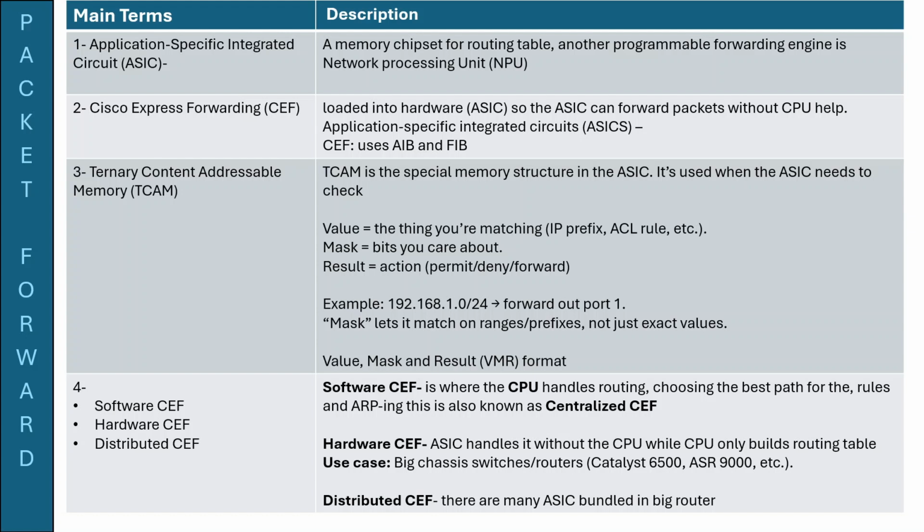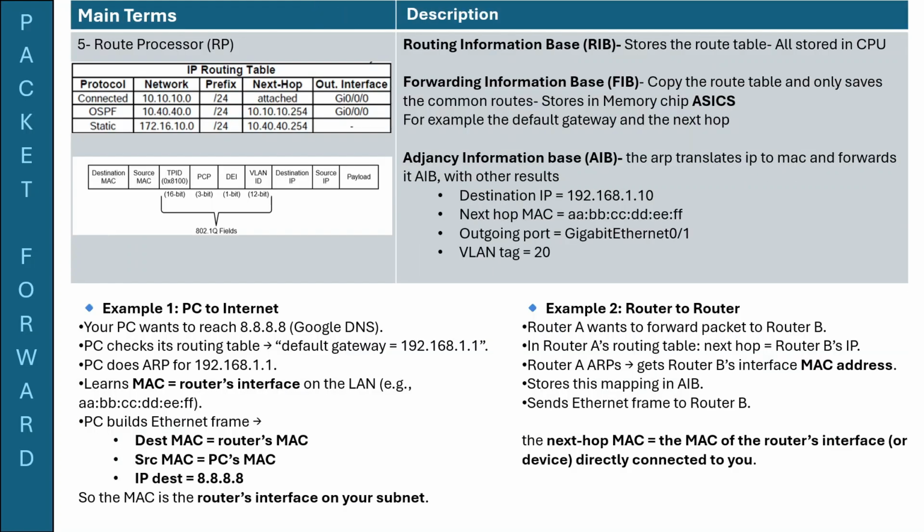The main thing in this topic is that instead of the CPU handling everything, routing decisions, getting the MAC addresses, choosing the best path for reaching Google or receiving DNS queries, there's an ASIC chip that all these tasks are delegated to.